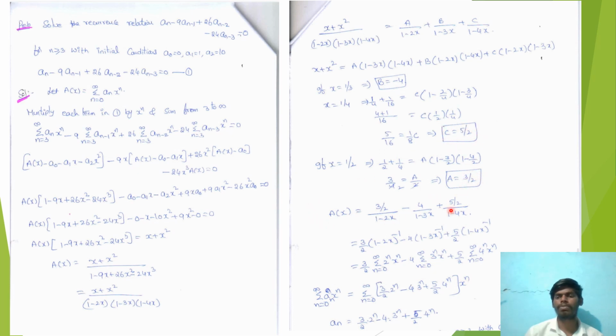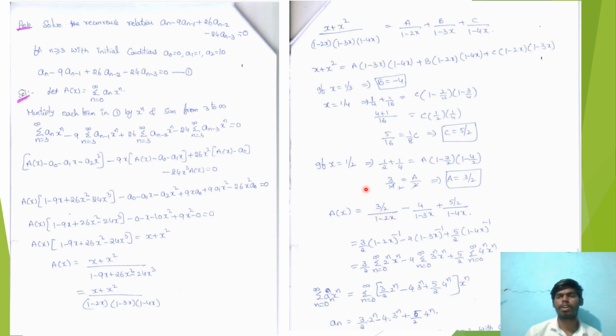By substituting those values in this equation, we'll get the general solution. Now we have to convert this into the required solution. So 3 by 2 into 1 by 1 minus 2x. We know that generating functions can be transformed from this form.